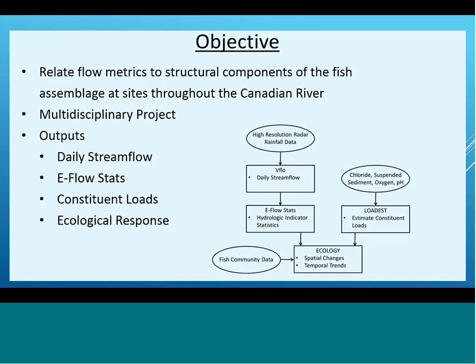The part that Baxter was just talking about is the upper left-hand boxes with the high-resolution radar rainfall data, the V-flow, and what we don't show is plugging in the climate change model. Then over on the lower right-hand side, we get the work that I talked about a few slides ago with collective parameters, load est, and trend analysis.